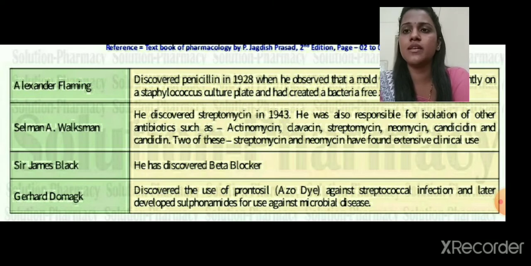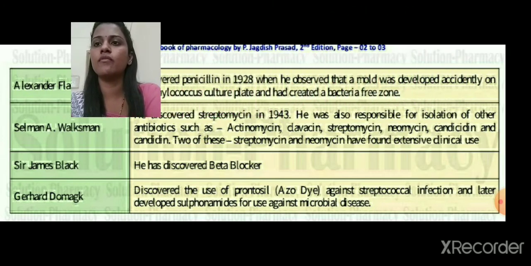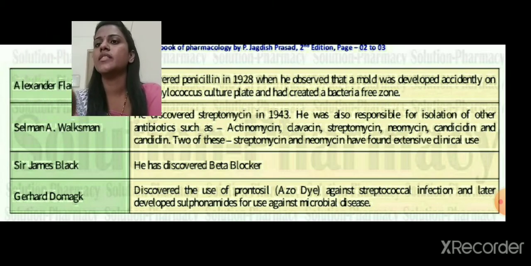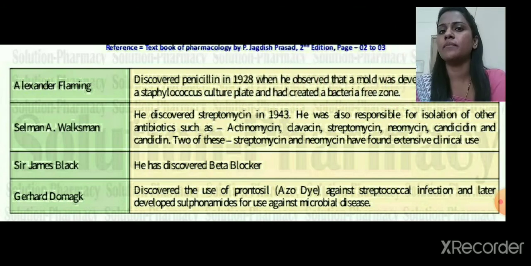Alexander Fleming is the scientist who discovered penicillin in 1928, when he observed that a mold developed accidentally on a staphylococcus culture plate and created a bacteria-free zone. So Alexander Fleming is responsible for the discovery of penicillin.